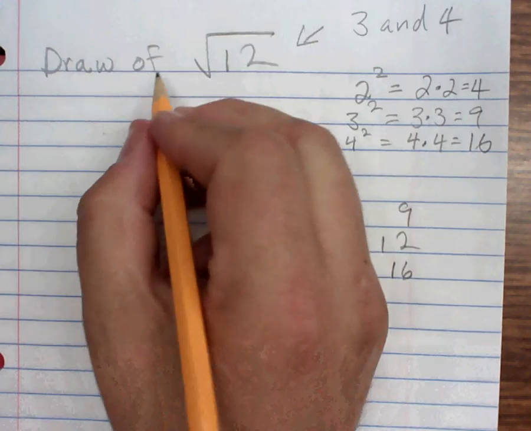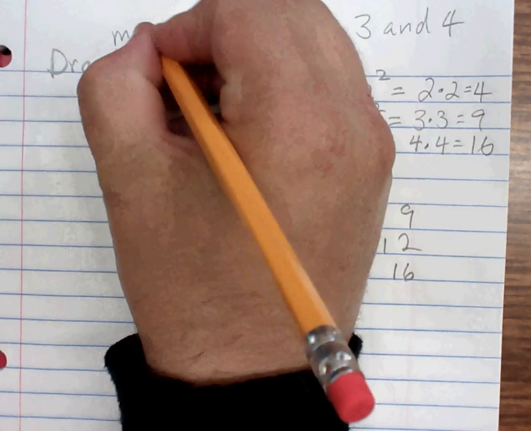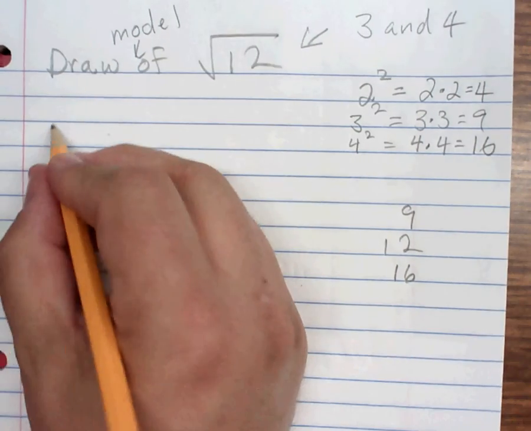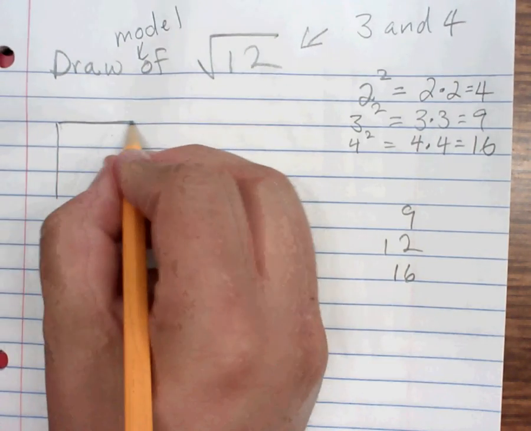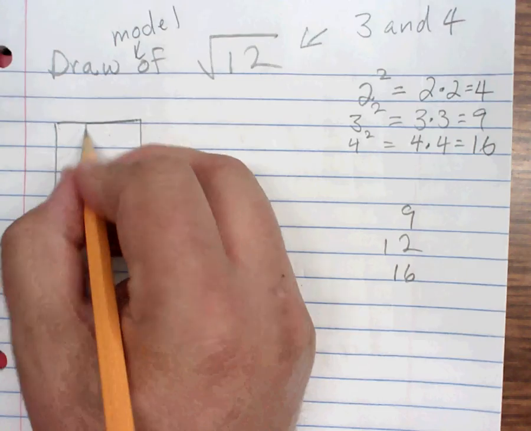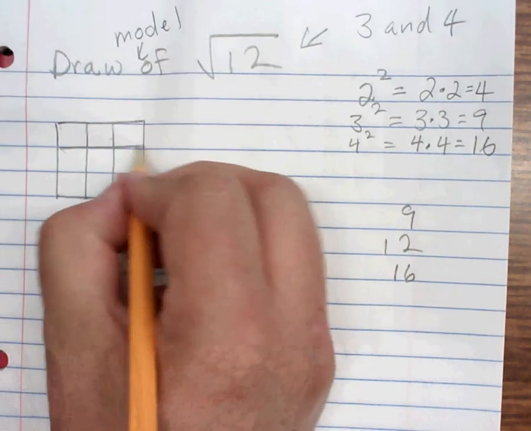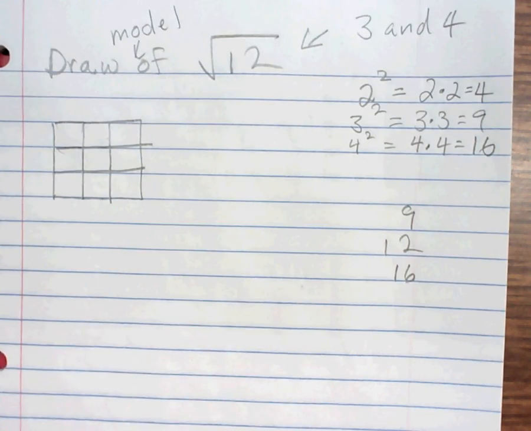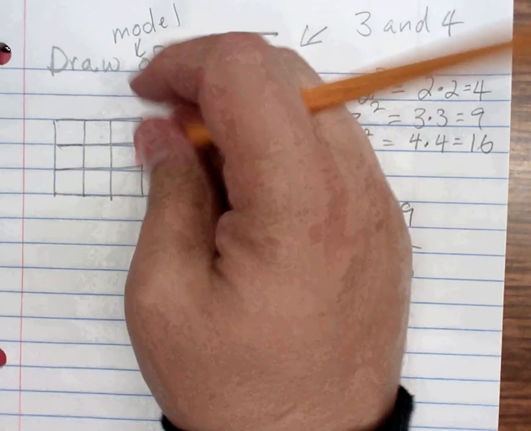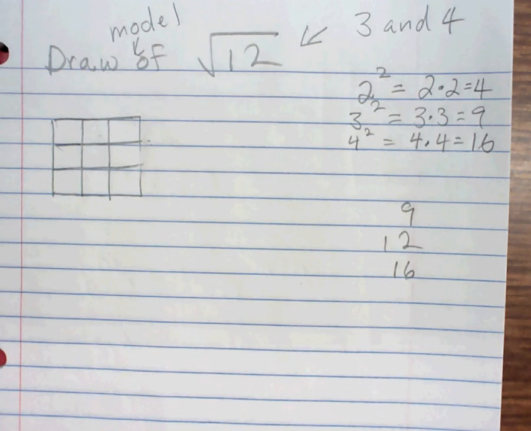But I'm asked to draw a model of this. So I know that my model will start with 3 rows by 3 columns. Now, how many tiles is that? 9.